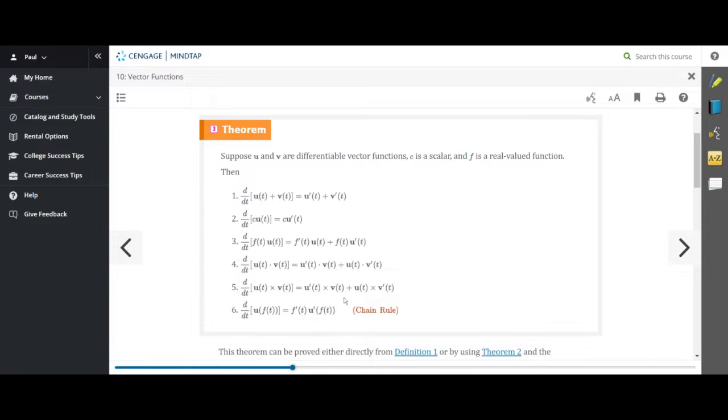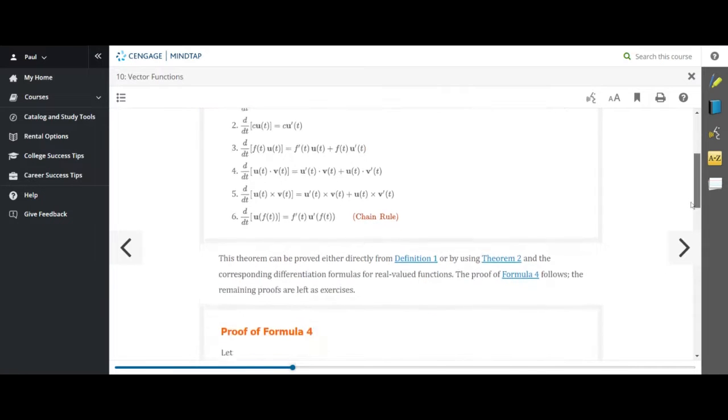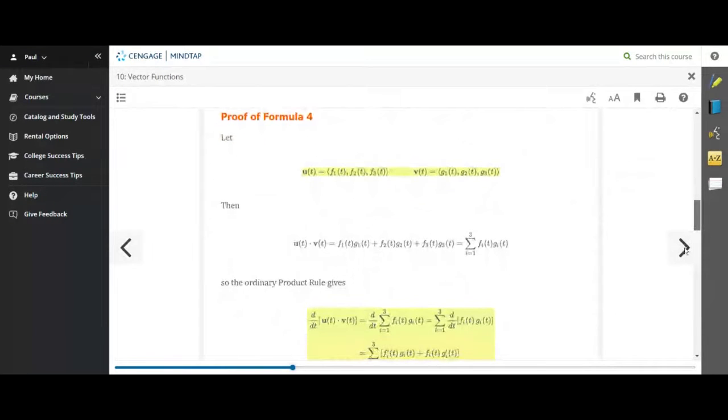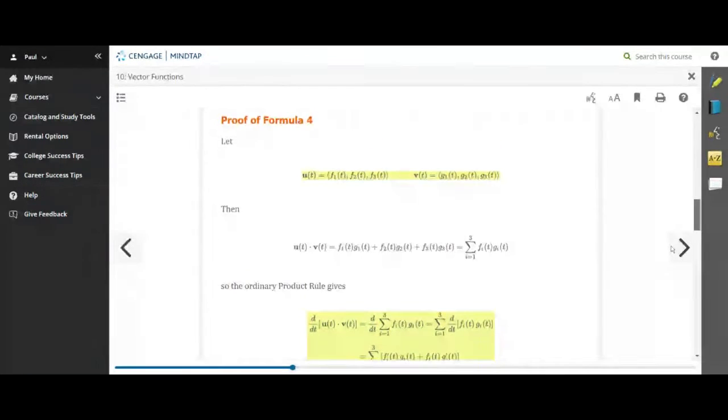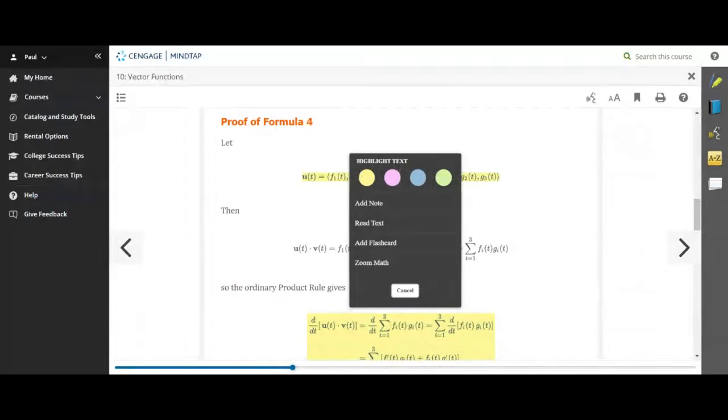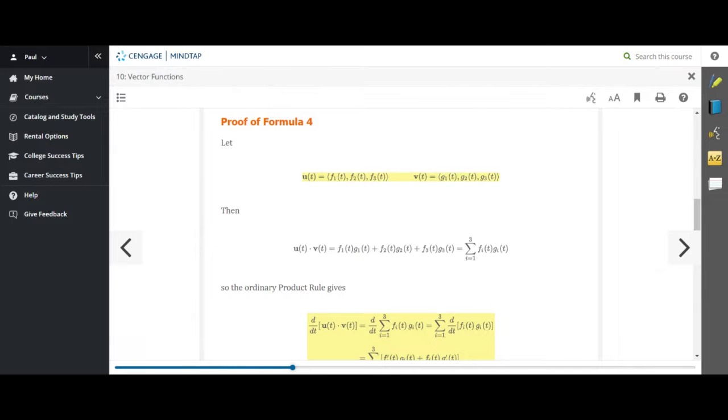Now, they do have derivative rules for the cross product as well. That's the 5th rule. But let's look at rule number 4 and the proof of it. I have some things highlighted here. You let the vector u have those components of f, those function components.